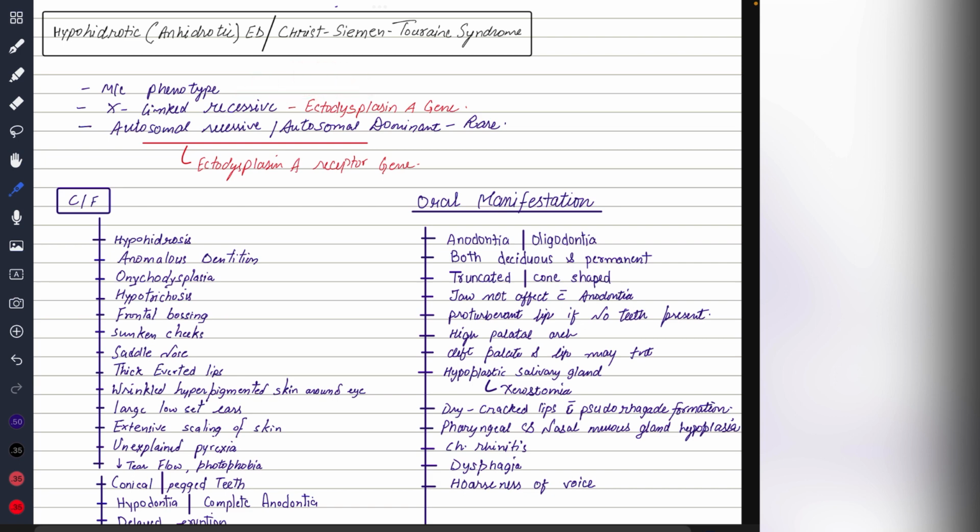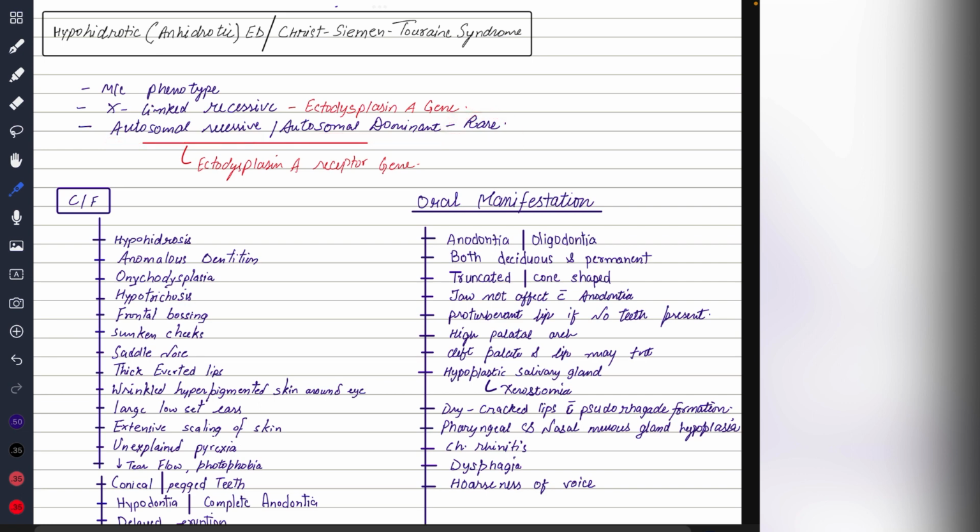In ectodermal dysplasia, you see bald people because there will be a lot of hair loss. Who has more tendency of being bald, male or female? Males. So males have more tendency of being bald, so males have more tendency of ectodermal dysplasia. Don't worry, autosomal recessive and autosomal dominant variants are also available, which are quite rare.